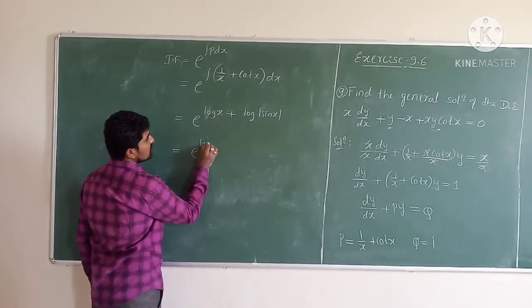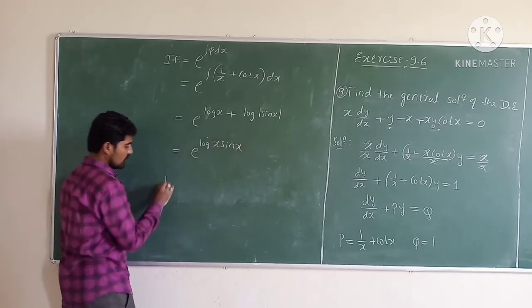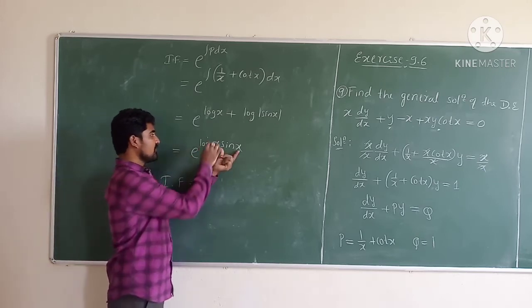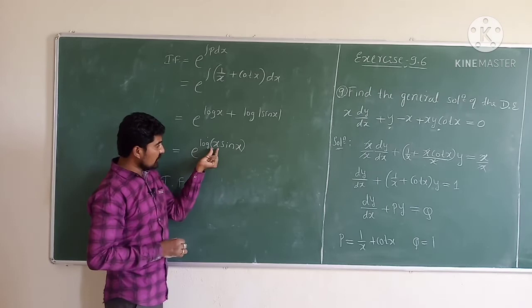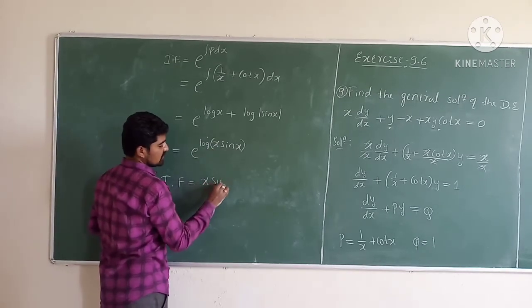So log x plus log of sin x is equal to log of x into sin x. Therefore, integrating factor is equal to e power log of f(x). The value of f(x) is x into sin x. Therefore, integrating factor is x into sin x.